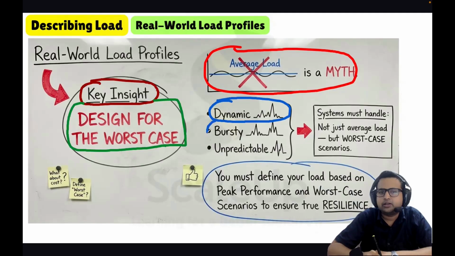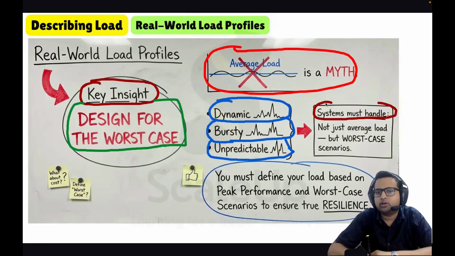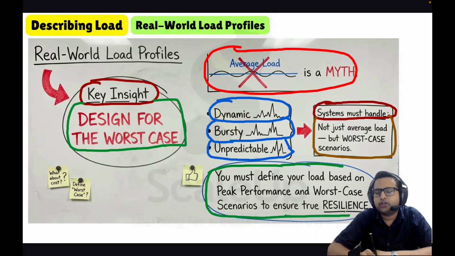There are burst spikes, and we also have unpredictable load. So systems must handle not just the average load, but the worst case scenarios. So design systems for the worst case. You must define your load based on peak performance and worst case scenarios to ensure true resilience.